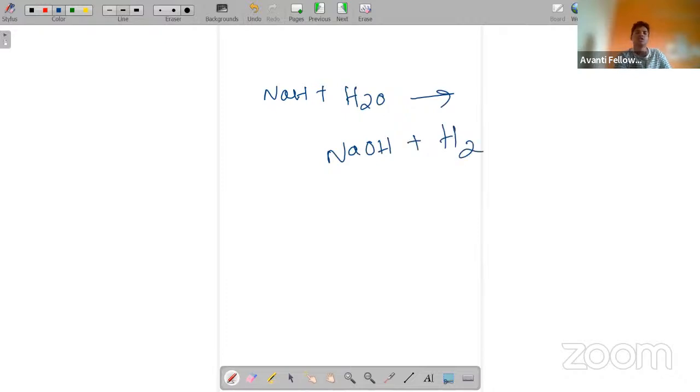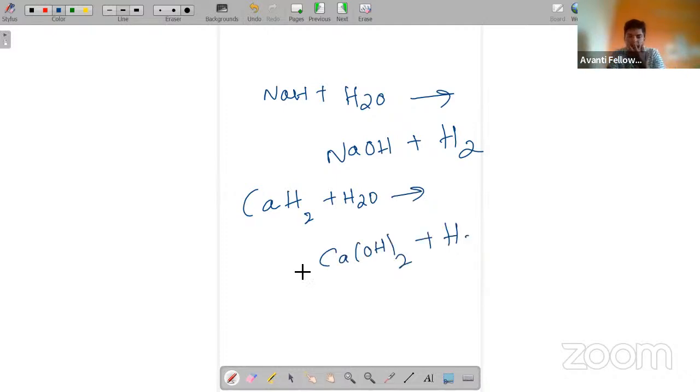Let's suppose CaH2. Why CaH2 are we taking? Because calcium is present in +2 state. If you react with H2O, calcium hydroxide plus H2 gas will be produced. These are some of the important reactions for this concept.